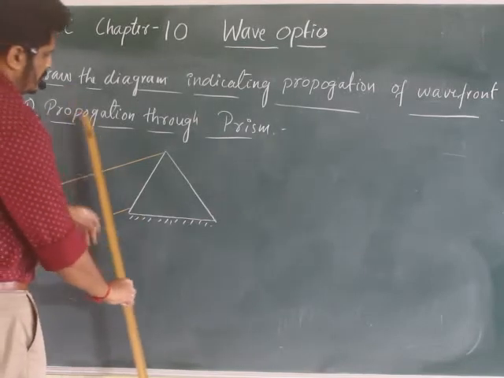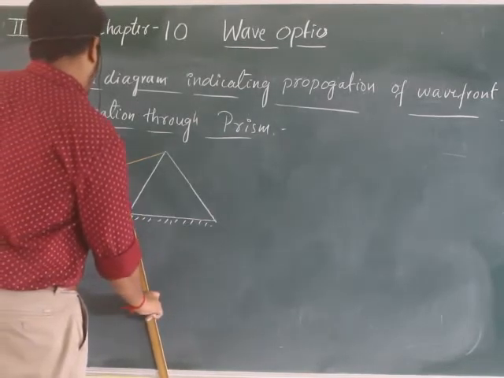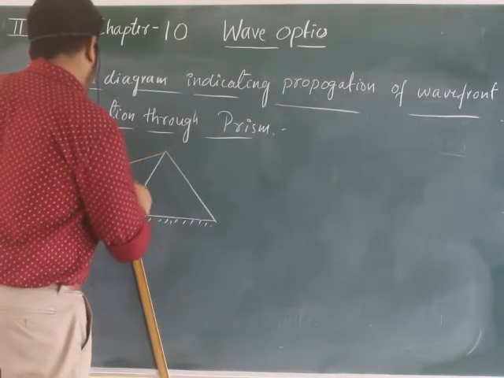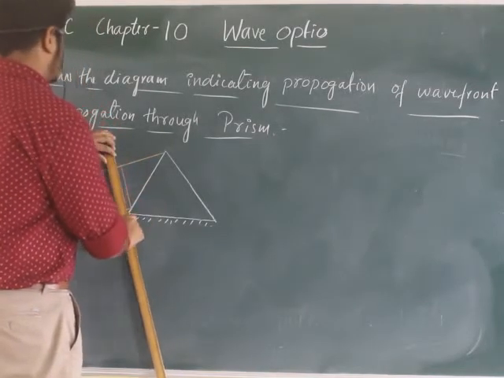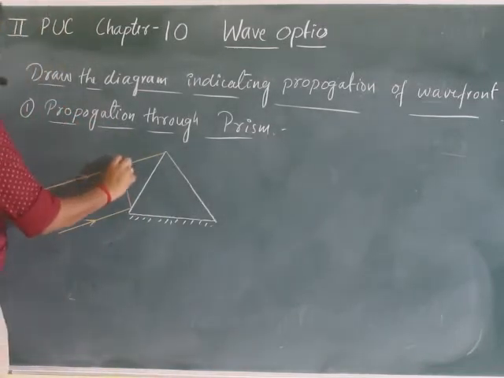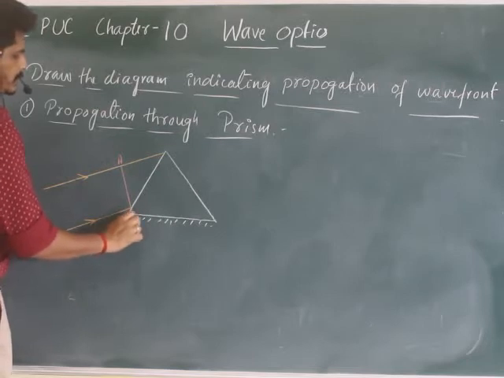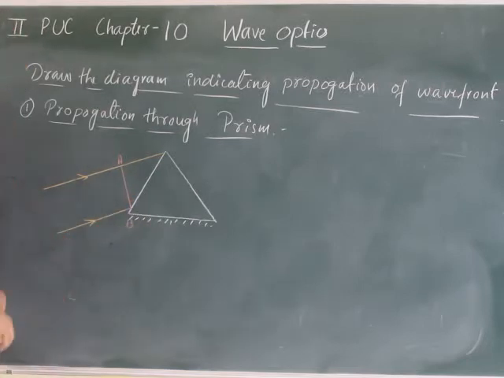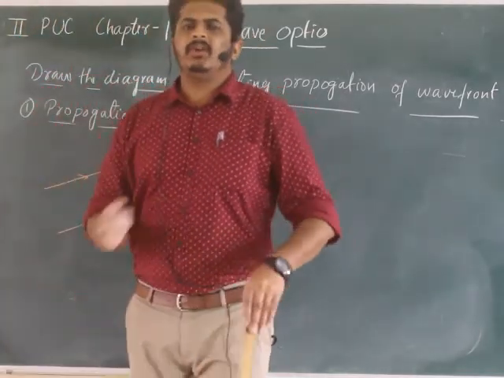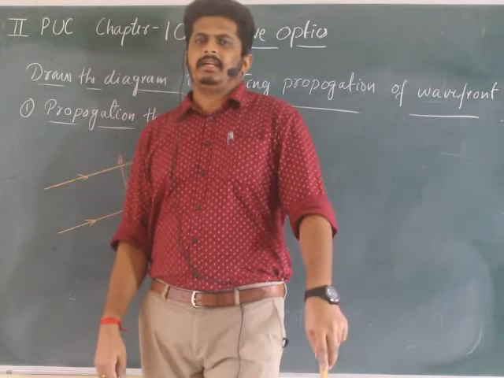Exactly straight, am I right? So this will be the wavefront, which will be perpendicular to the rays, like this. See? So this is AB, let us take. After undergoing refraction, how do the rays of light go? As it is a prism, there will be some change of direction of light. Correct?